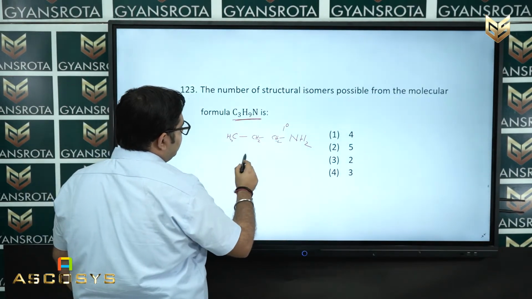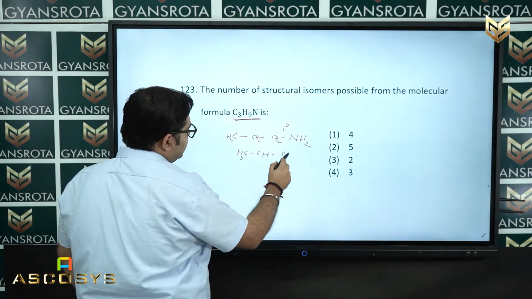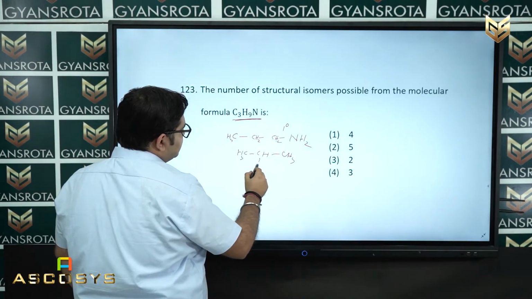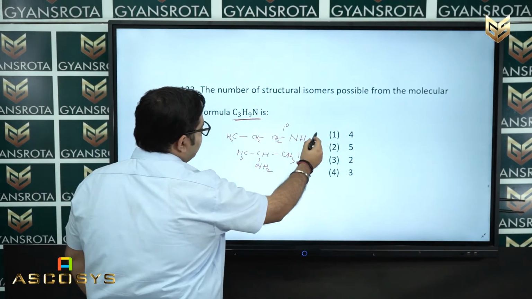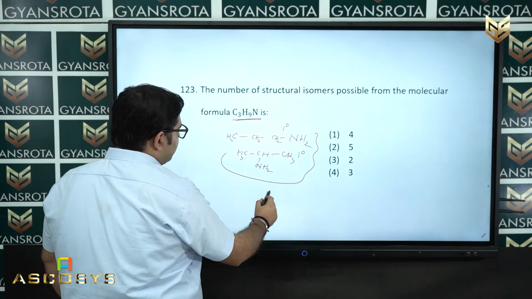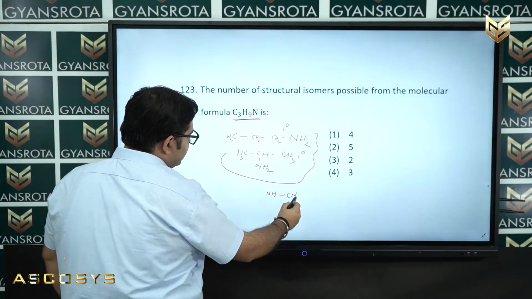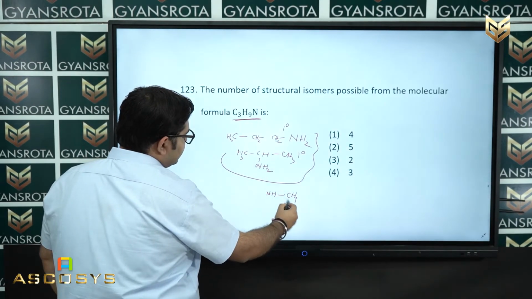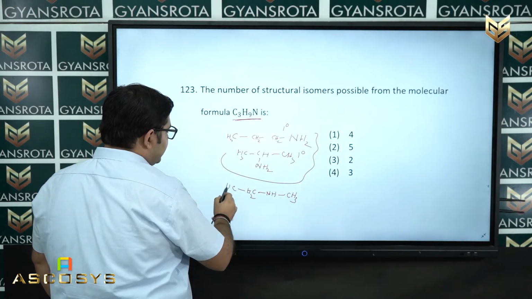Now, one more way we can draw this: CH3, CH, CH3, NH2. So, these two are your primary amines. Okay. Now one more we can draw: NH, here CH3, CH2 and CH3.